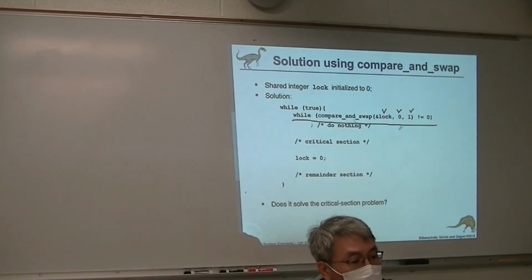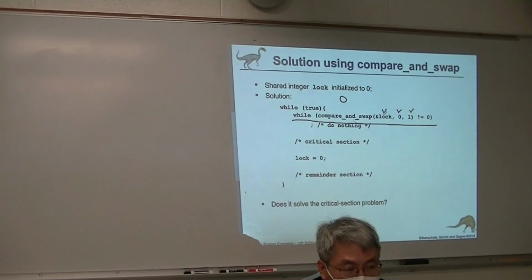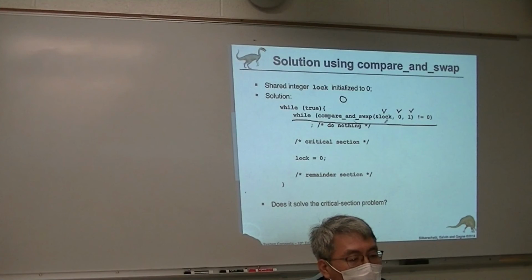So if nobody used the bathroom, nobody entered the critical section, then lock, the input, is 0, and the output will be what? The 0. It returns the same value as the first parameter, like test and set. Then compare whether this is the same or not.